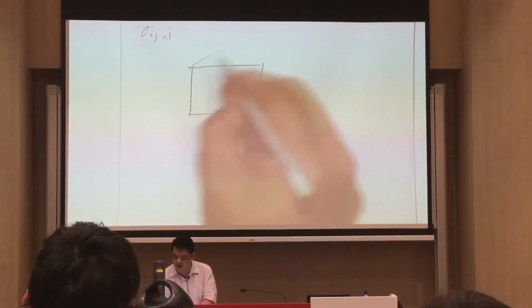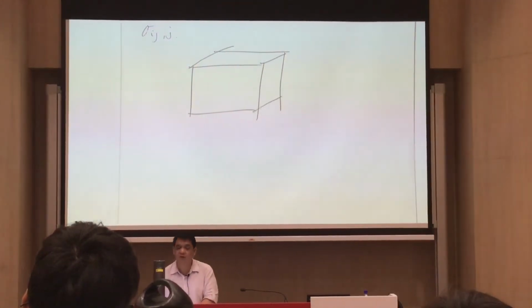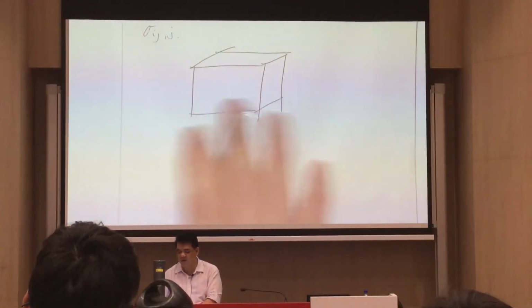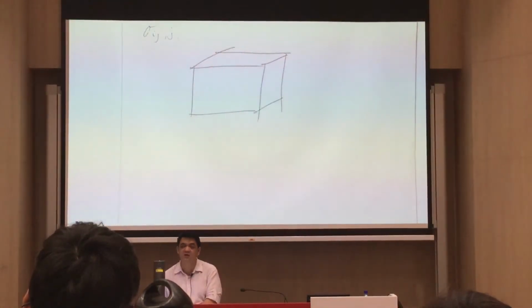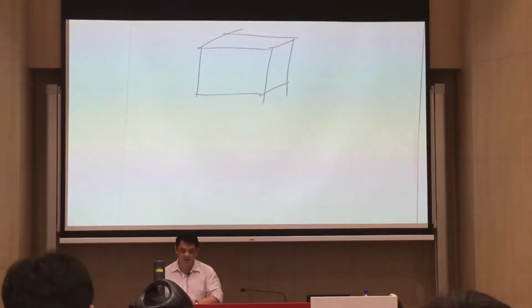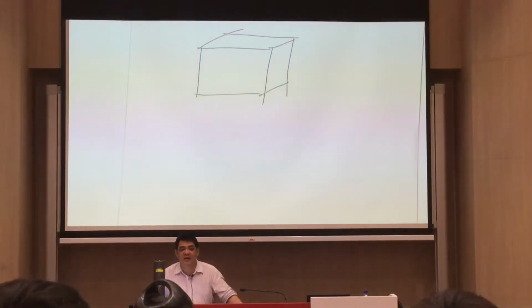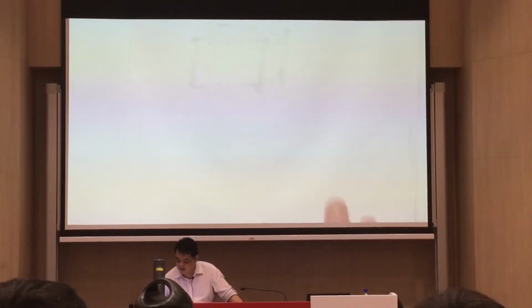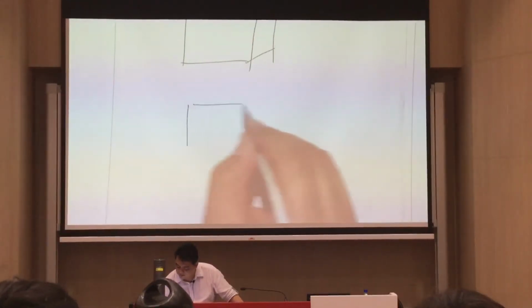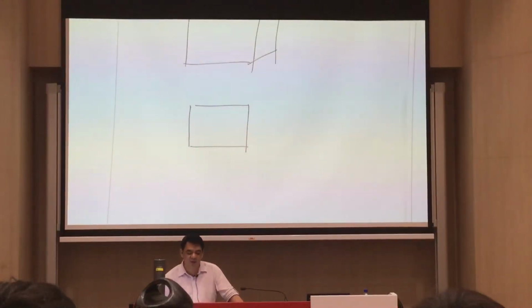So let's have a look at a 3D element. Of course, we know that you have your normal stresses, and then you have your shear stresses there. But what I'm going to do is just look into a 2D element. So that's your 2D element.